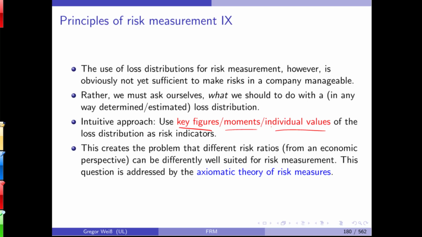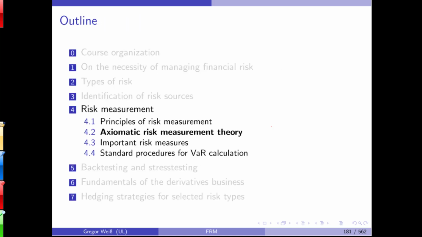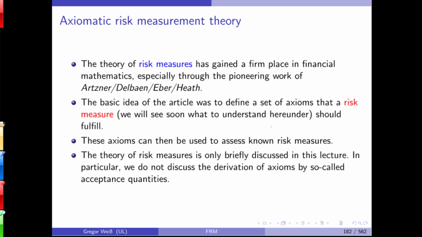And for this, we need axiomatic risk measure theory, Risikomaßtheorie. If you're studying mathematics, you will immediately see that this comes directly from measure theory and integration theory. So let's talk about axiomatic risk measurement theory.